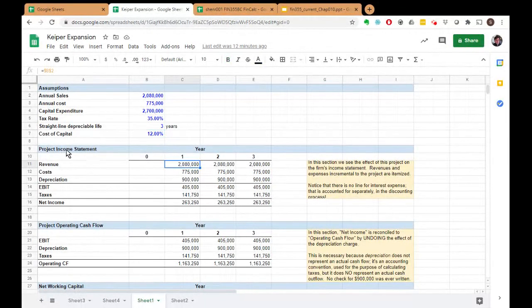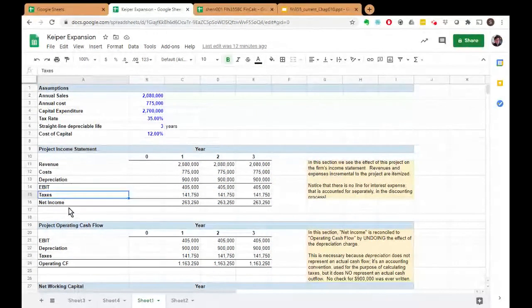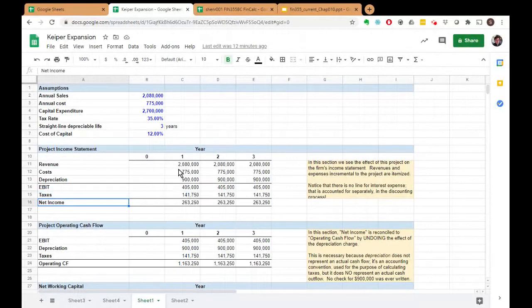Income statement always looks the same way. Revenues minus costs minus depreciation gives us EBIT. Take away taxes, what's left is net income. And here we've got what we knew to be the project's revenue, $2.08 million each year for 3 years. Costs were to be $775,000 each year for 3 years. We figured on the previous page the annual depreciation amount.